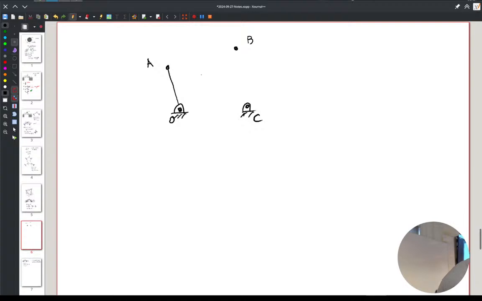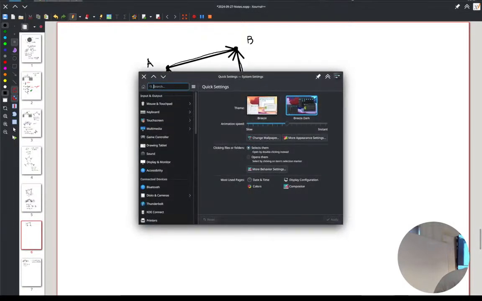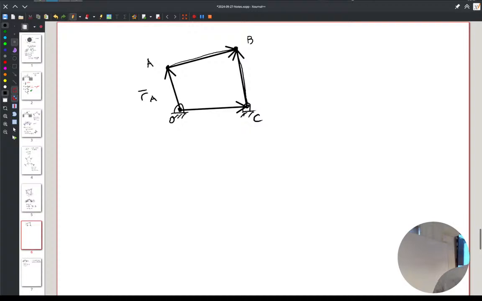O connects to A connects to B connects to C in this system. Start drawing our vectors in there. This vector is RA.